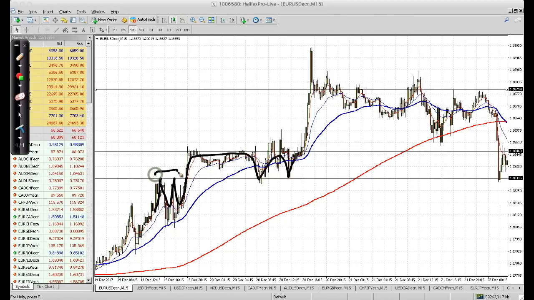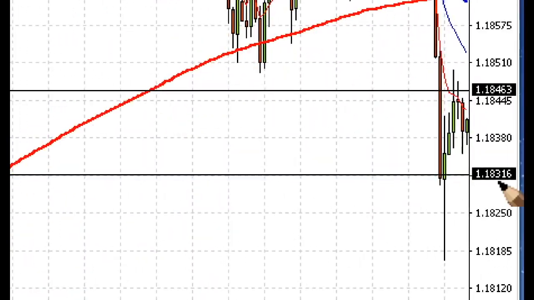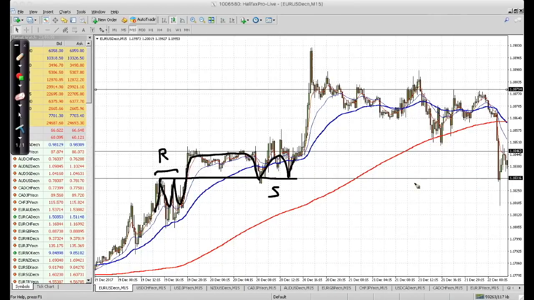So this resistance level has become a support level. There you go. So this tells you that this level here at 1831 is a very strong level because it has been tested on both the resistance side and the support side. Both the light and the dark side of the force has been tested. Very strong. All right.